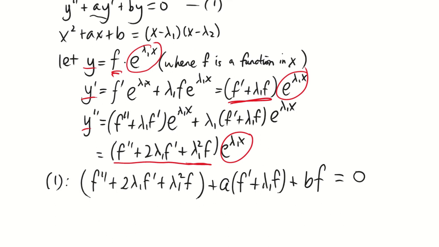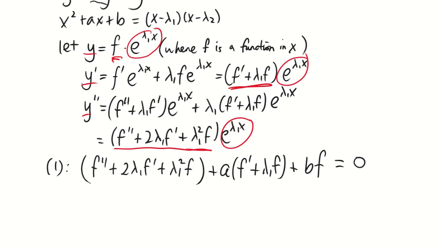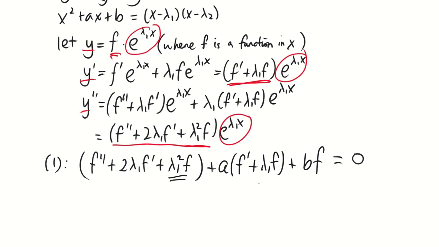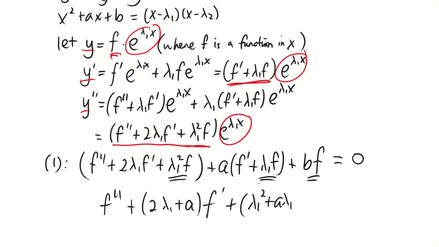And let's look at some stuff that we can cancel. For example, let's look at the coefficient of f, right? f prime prime plus 2 lambda 1 plus a f prime, and then plus lambda 1 squared plus a lambda 1 plus b f equals 0.